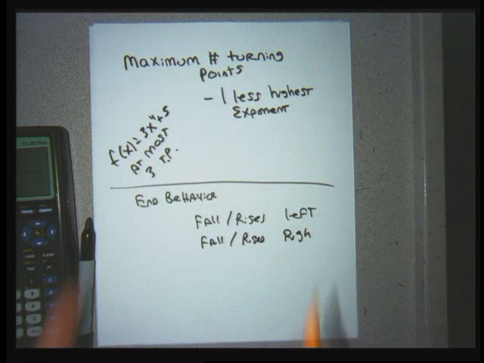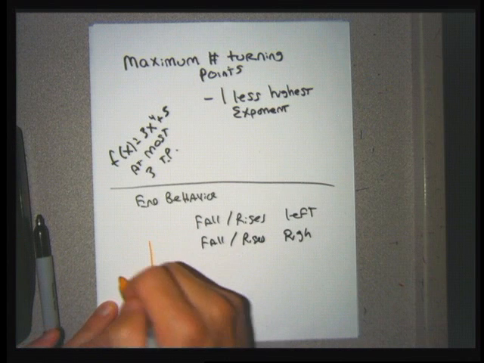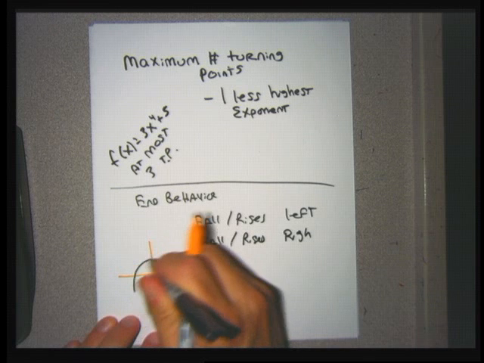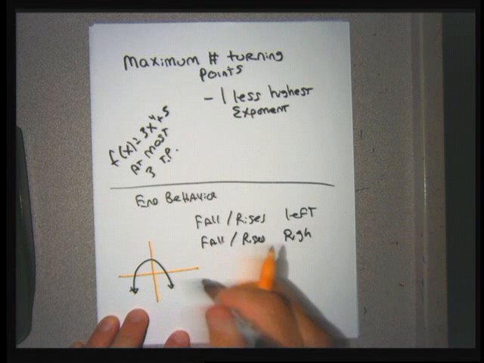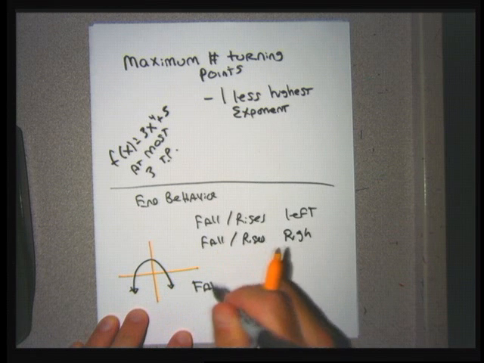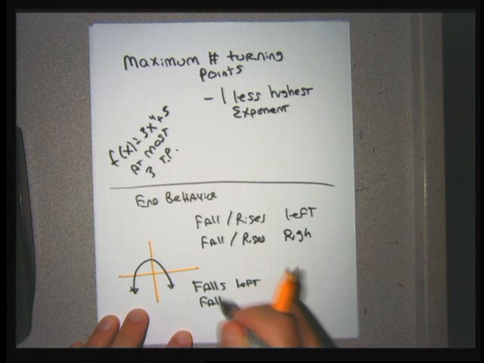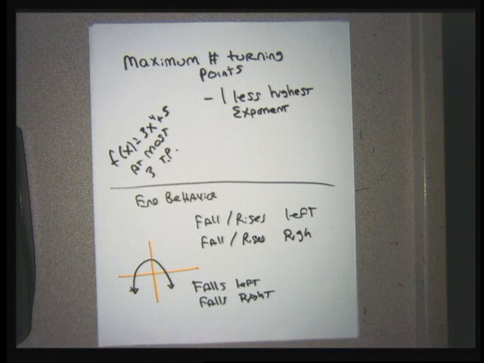Really defining end behavior is a calculus problem, so we won't really find it except by looking at pictures. So here's an example of a graph that falls on both the left and the right-hand side. This graph falls on the left-hand side, and it falls on the right-hand side.